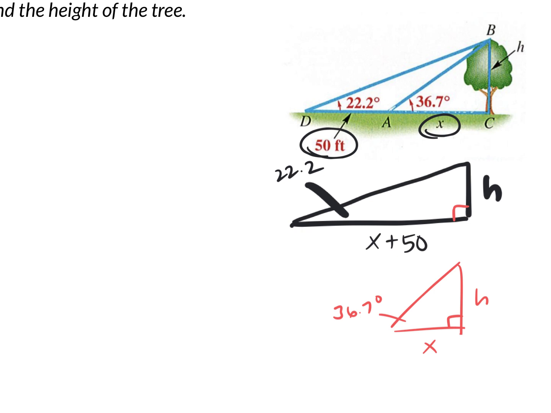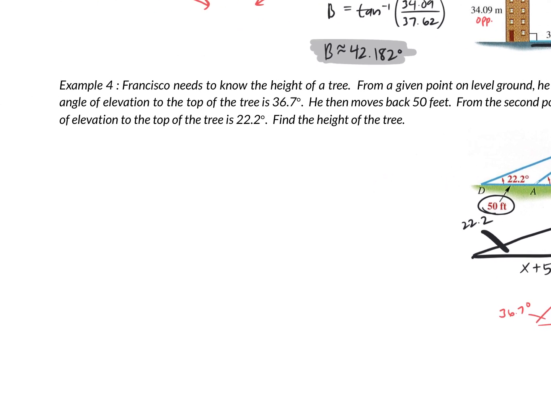So now, are these triangles similar or congruent by any means? No, so I can't set up any proportions, but could I set up a trig function using this angle and this angle to relate the side lengths of h and x plus 50 and h and x? What trig function is the opposite over the adjacent side? Tangent, right? So let's write both of these trig ratios out first, and then we'll see what kind of algebra happens.